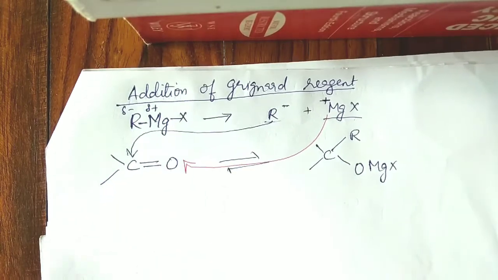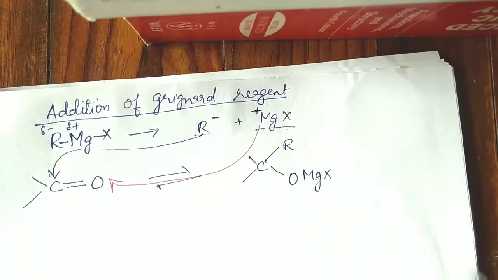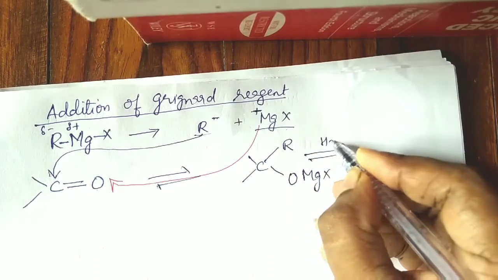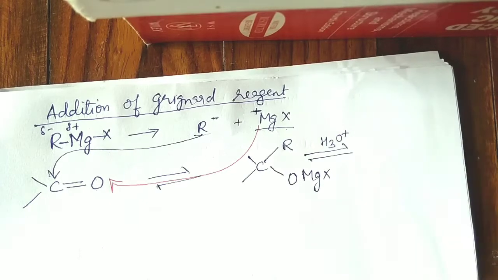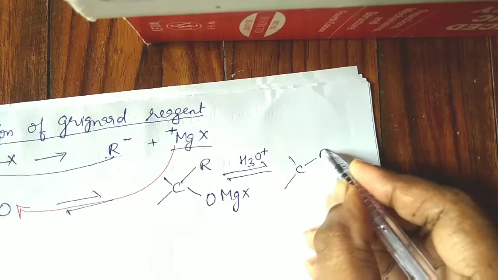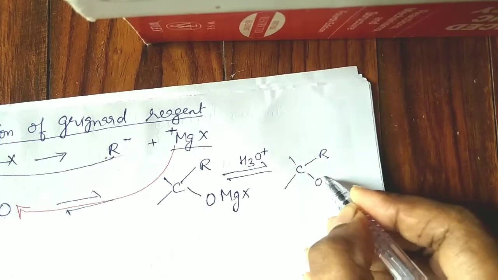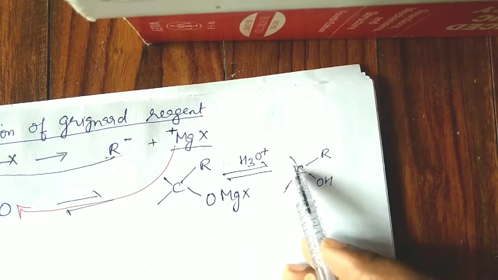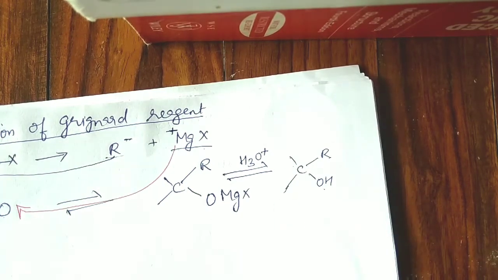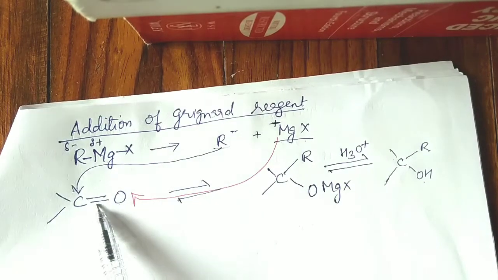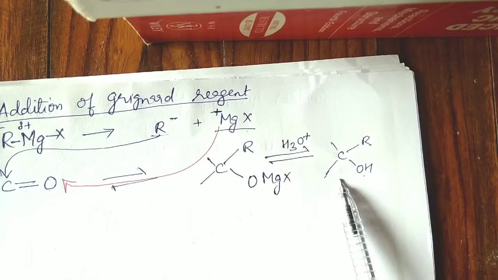And then in presence of acid, the hydrolysis will take place. That means upon acidic hydrolysis, the product formed will be an alcohol. So R, and you have got H from the medium. That means you will get an alcohol. We have also learnt in the previous chapter that when Grignard reagent is added to the carbonyl carbon, we get an alcohol as the product.